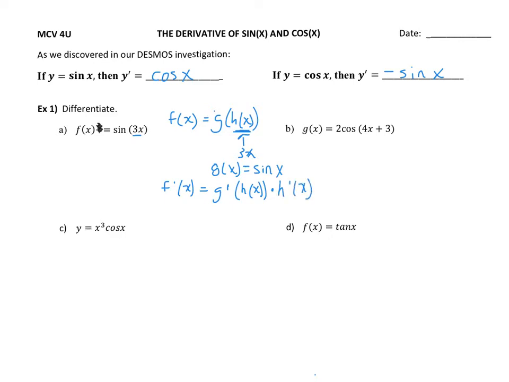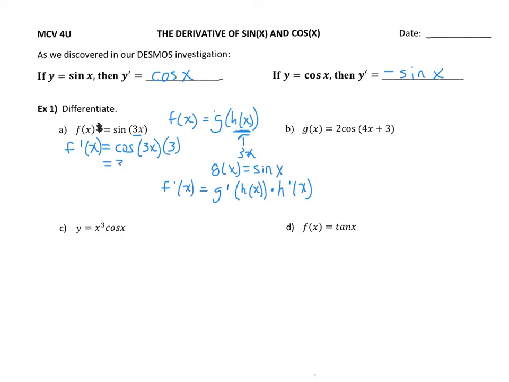The derivative of the outer function, the derivative of sine x, is going to be cos x. So f prime of x is going to equal cos, but it's not just x, it's the cos of the inner function, cos of 3x, times the derivative of the inner function. The inner function is the 3x. We're going to multiply that by the derivative of that inner function.